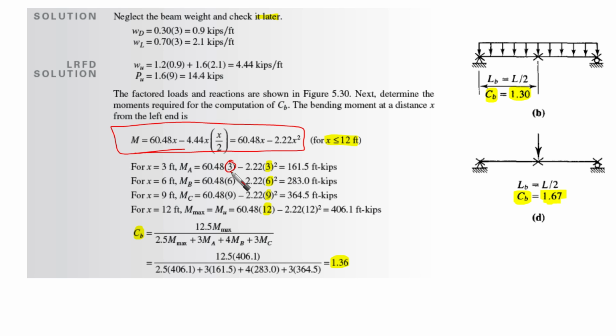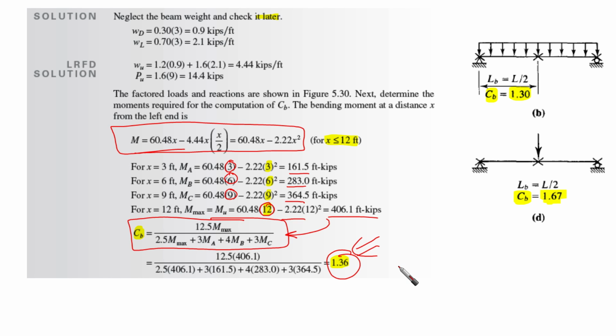Anyway, we calculate the moment at the different locations, and these are the magnitudes of the moments that we have. Then we substitute in the CB equation. After substitution, we found that CB equals 1.36. So it does not equal 1, which means that our charts need to be modified.